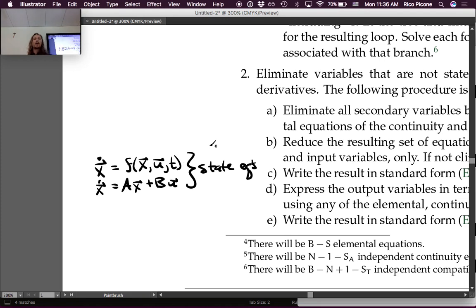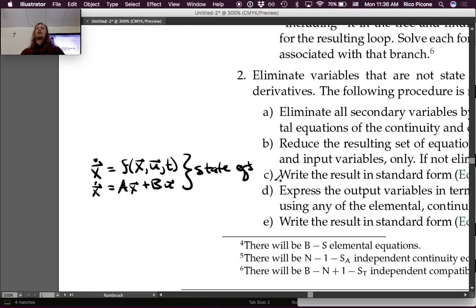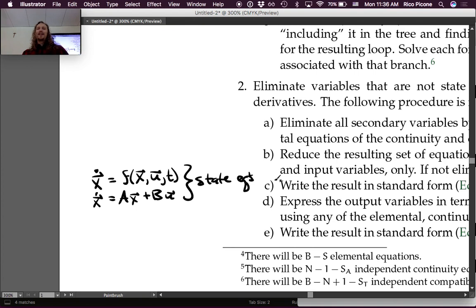So the state equations are the result of all this work up to step C. So 1, A through G, and then 2, A through C are all to construct the state equations. And we do a little bit of work to construct the output too.